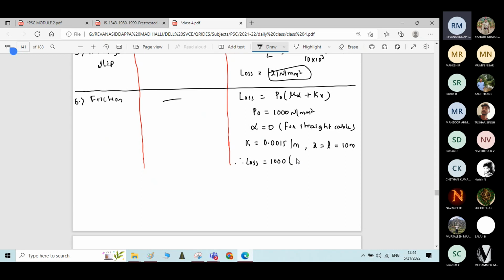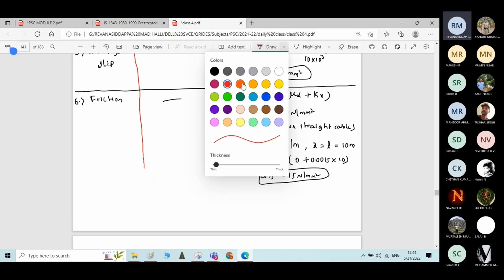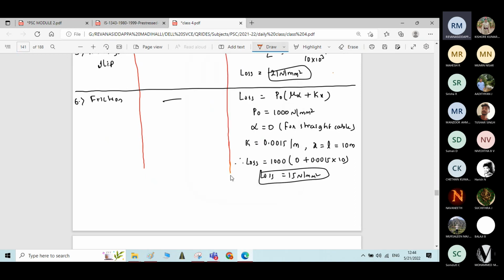As alpha value is 0, mu alpha becomes 0, plus K into X, 0.0015 into 10 meter. By this we'll get loss as 15 Newton per mm square. To this, the calculation of all the losses is over.